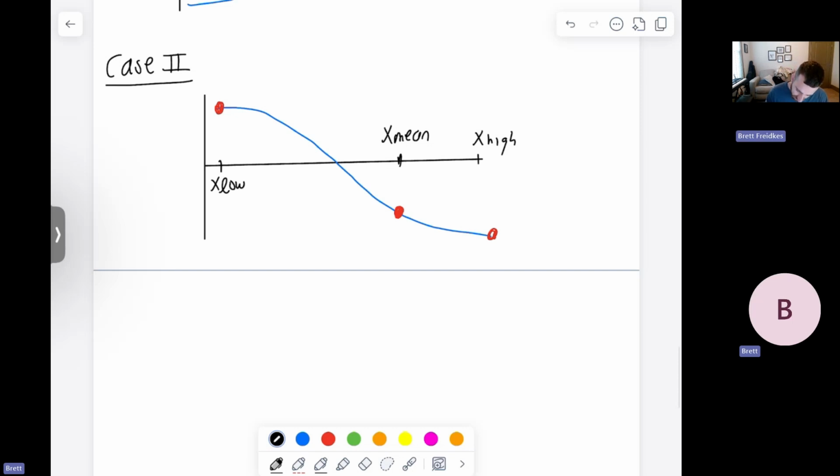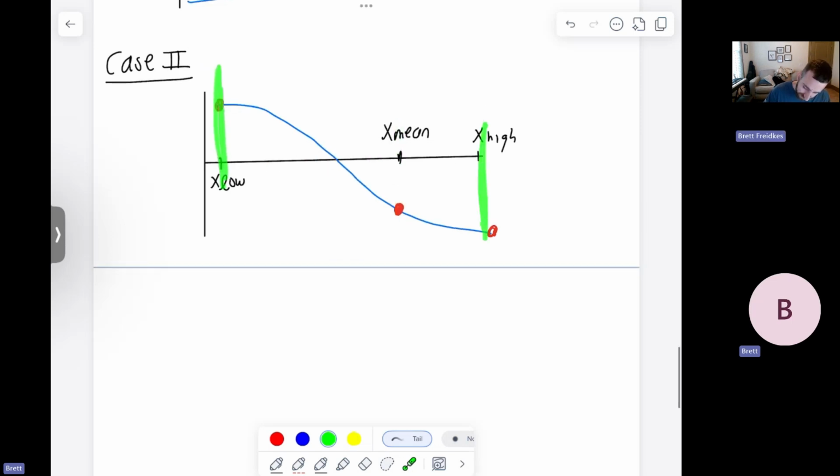If you think about it graphically, we're trying to bracket this root. So here's the root. Originally it was between X low and X high with the root right in between. That's fine. The question then becomes, does my X mean become the new X low or the new X high? Well, if it's the new X low, that means my window is going to be like this. Where's the root?